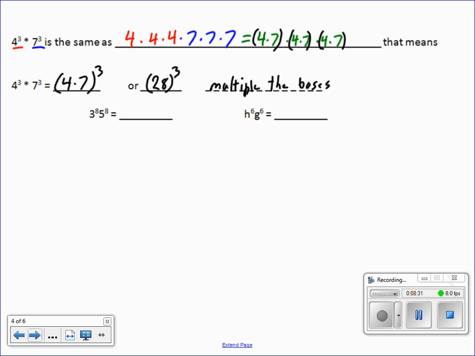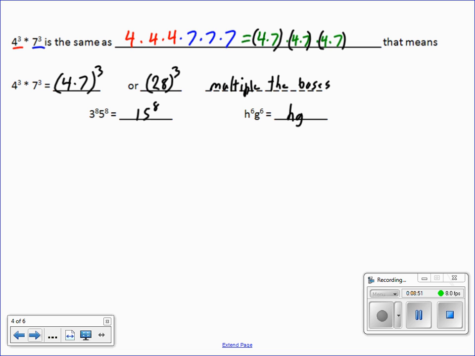Some examples down here. 3 to the 8th power times 5 to the 8th power. I'm going to keep it to the 8th power. 3 times 5 is 15, still to the 8th power. H to the 6th power, G to the 6th power. Both raised to the 6th power.